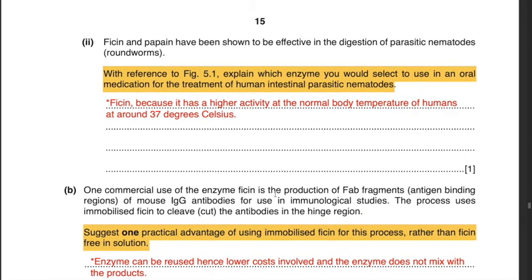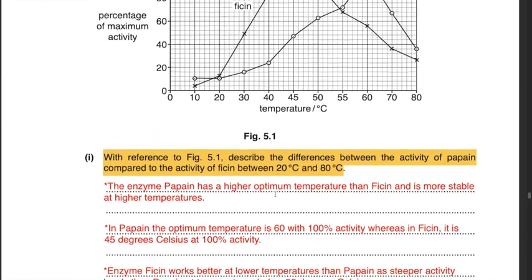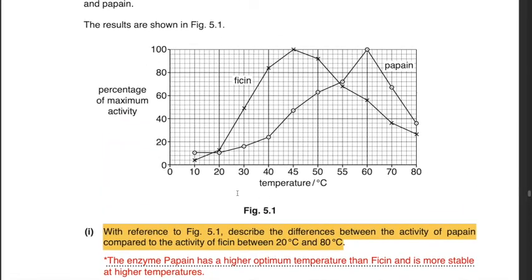Part 2. Ficin and papain have been shown to be effective in the digestion of parasitic nematodes. With reference to figure 5.1, explain which enzyme you would select to use in an oral medication for the treatment of human intestinal parasitic nematodes. Okay, if we refer to figure 5.1, the best enzyme would be ficin, because ficin works better at lower temperature ranges and at the normal body temperature, which is around 37 degrees Celsius.